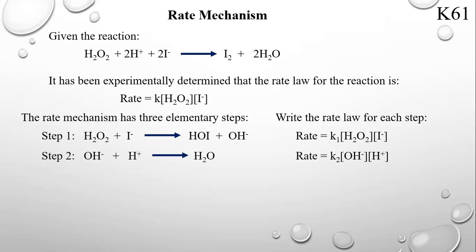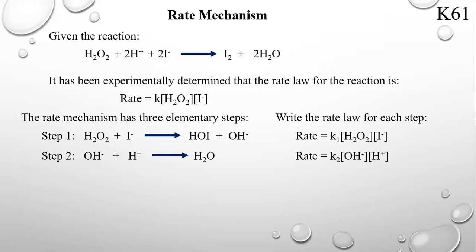Let's do step 2. What step 2 is saying is that if you take the OH minus that was produced in step 1, the hydroxide ion, and you mash it together with the H plus ion, the hydronium ion it's called, what you get is water. OH minus plus H plus gives you H2O. So what's the rate law for that step? Well, it's k2.